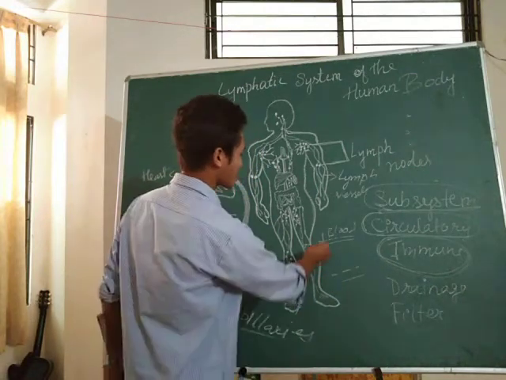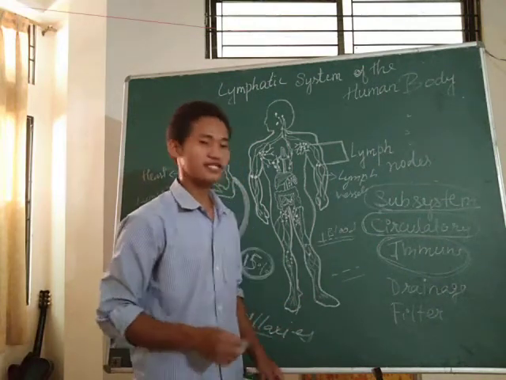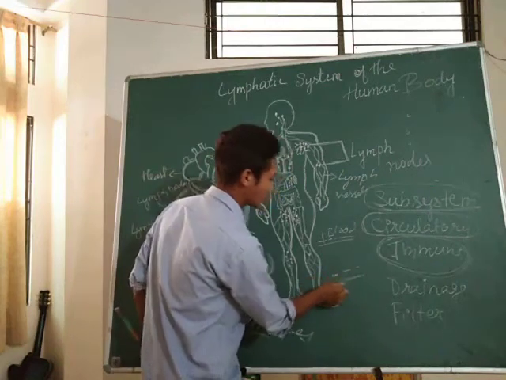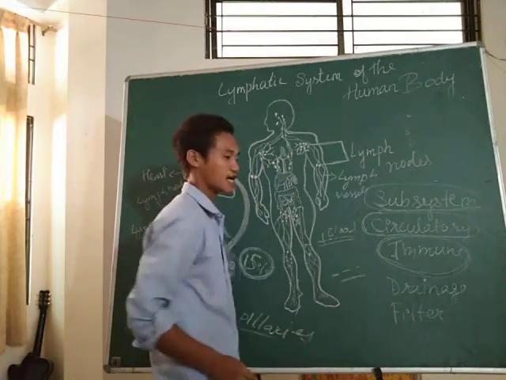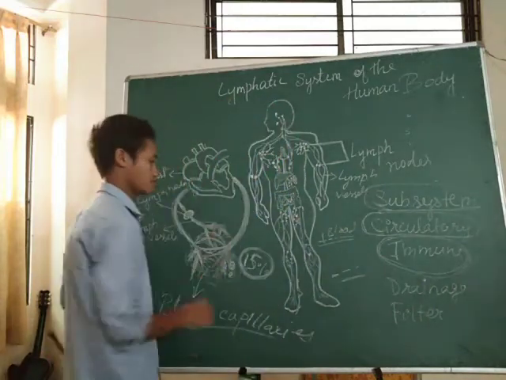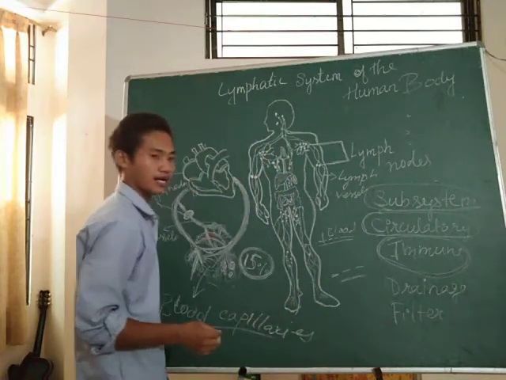So the blood vessels cannot absorb the bacteria that are in our body. These bacteria and viruses are absorbed by the lymphatic vessels, as their openings and the spaces between their openings are large.